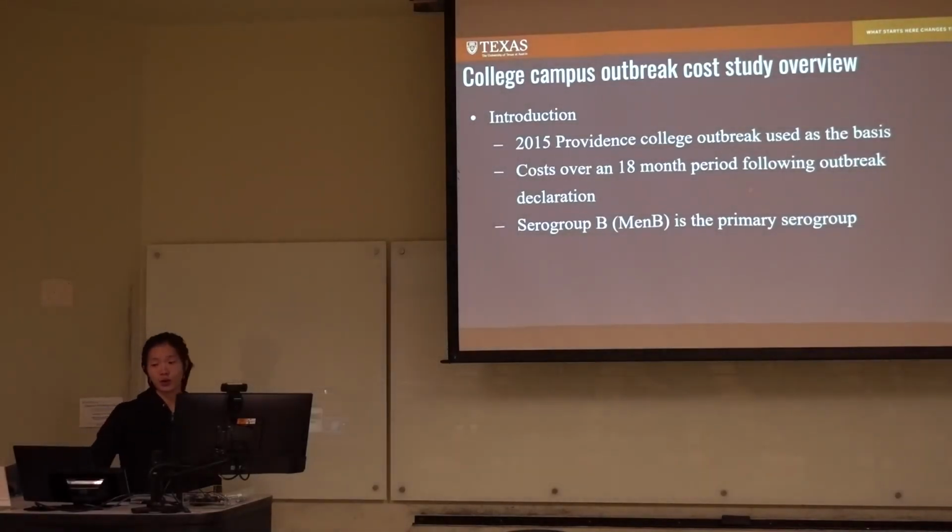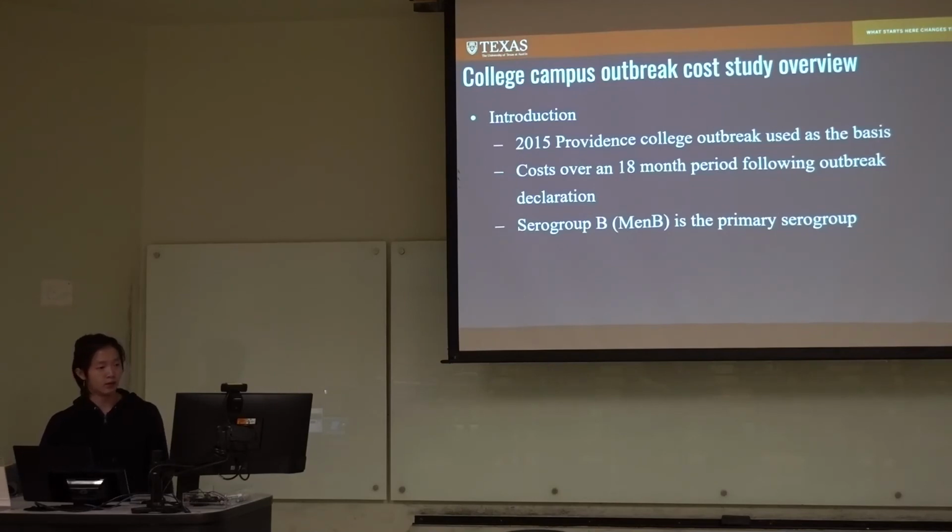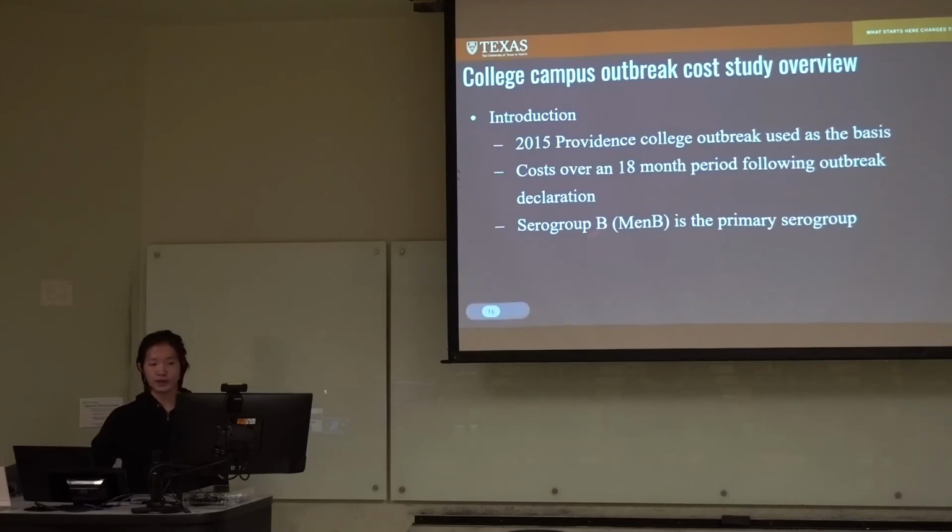And here we're going to cover a research paper that discusses the cost overview in case an outbreak occurs on a college campus. For a rough introduction, this was based off the outbreak in 2015 at Providence College, and they tracked costs over an 18-month period. Serogroup B is the primary serogroup that was targeted in this study, but it's not just that.